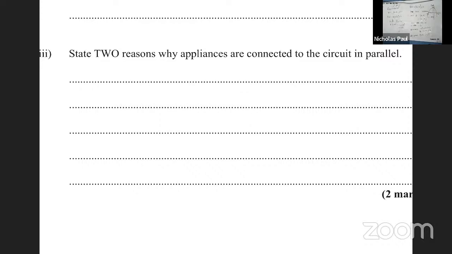The first one is to make sure that all the appliances require the same voltage, because voltage in parallel is the same. Second one, you allow for independent control. And what else can you do with a parallel circuit?